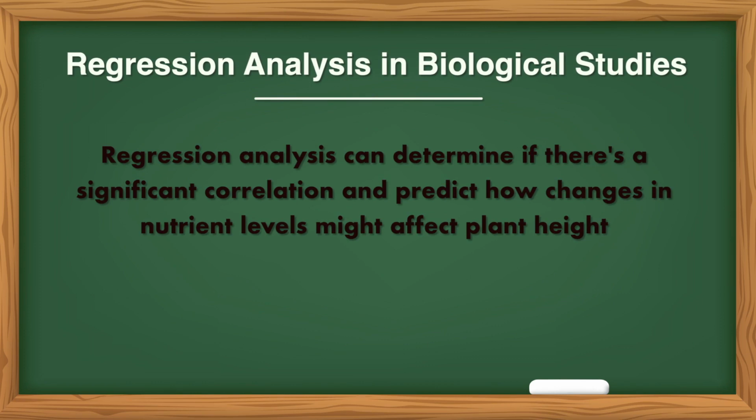You collect data on nutrient level and plant height. Regression analysis can determine if a significant correlation exists and then predict how changes in nutrient level might affect the plant height.